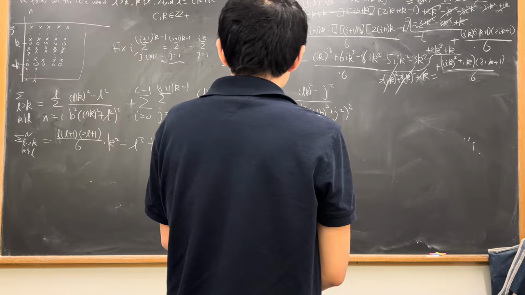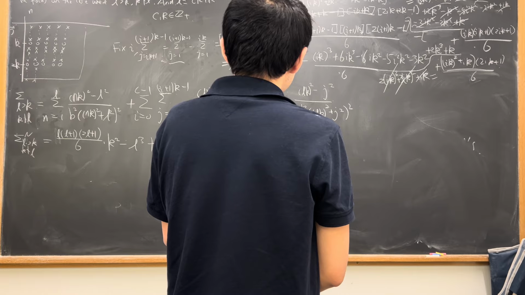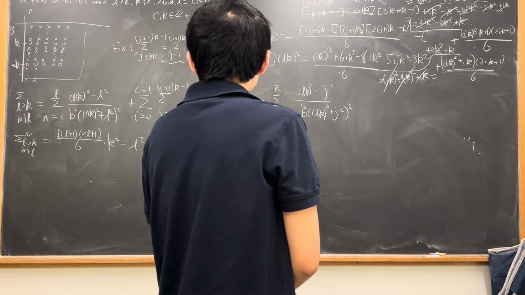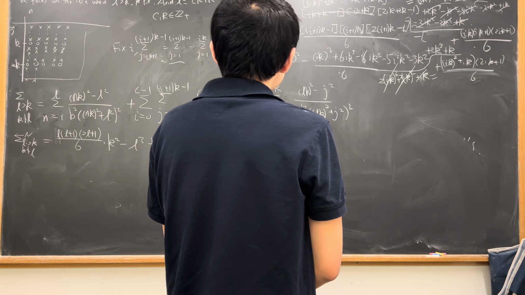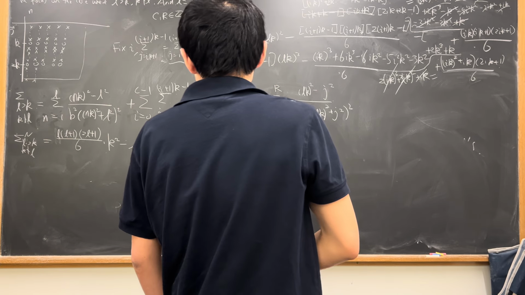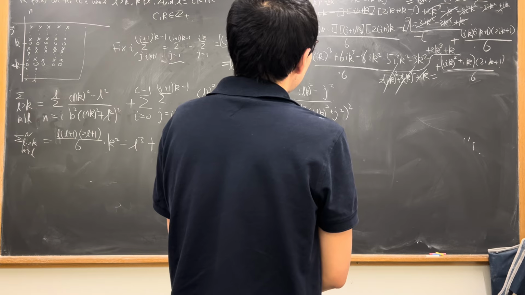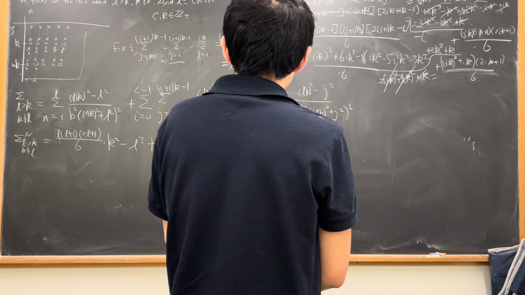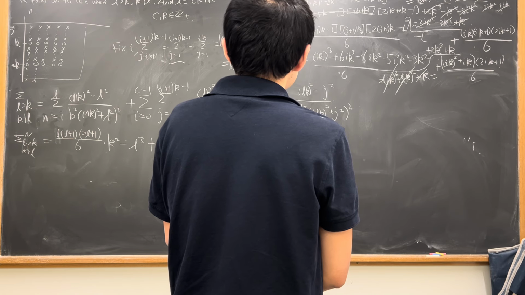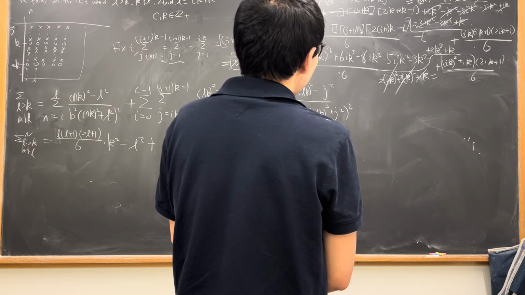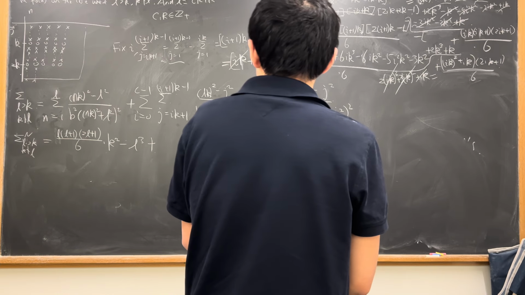Okay, so these are for each i, right? So then we sum over the i's. So what do we have?